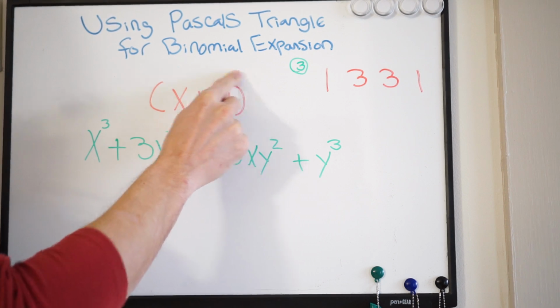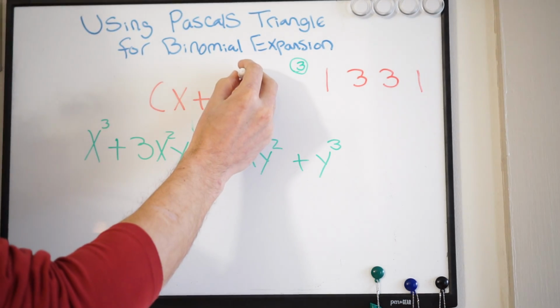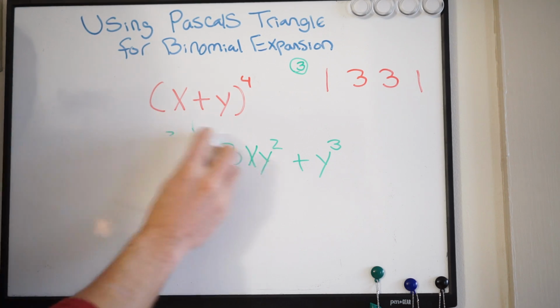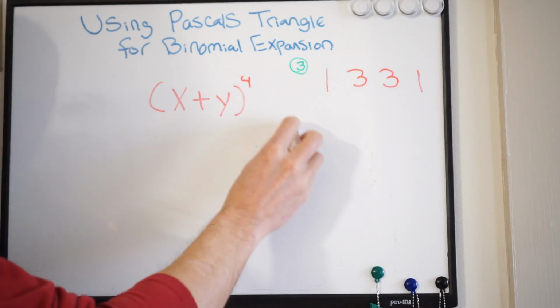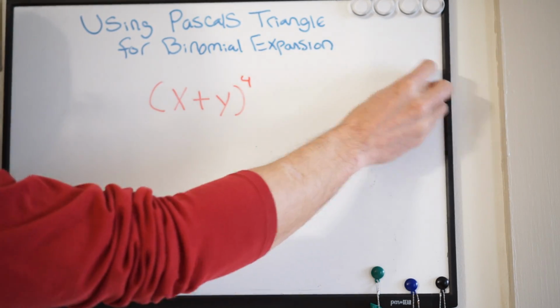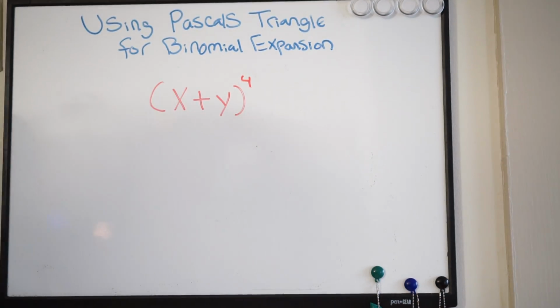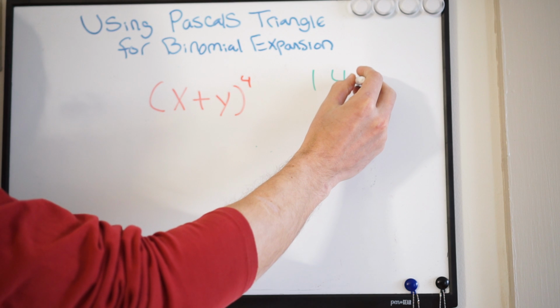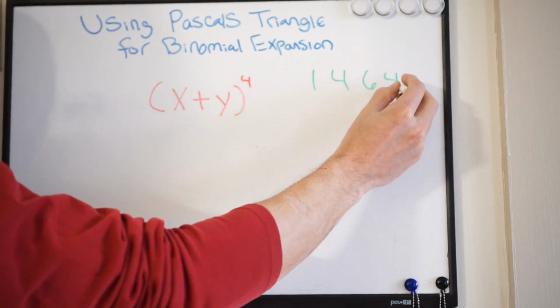Okay. And let's erase this. And then if you look at your triangle, for a degree of 4, we're going to have 1, 4, 6, 4, 1. So we have 1, 4, 6, 4, 1.